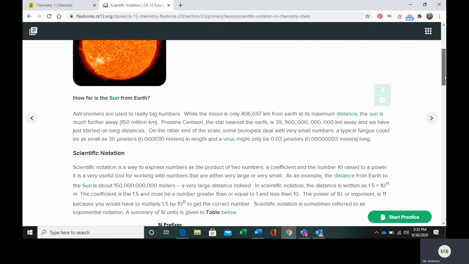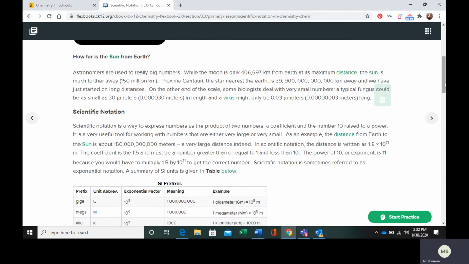Well, in science, sometimes we have to deal with very big numbers or very small numbers. So an astronomer would have to use very big numbers. Usually for distance, they use the light year because distances in space are very vast. But if they're expressing stuff in kilometers, there is an easier way to express it.